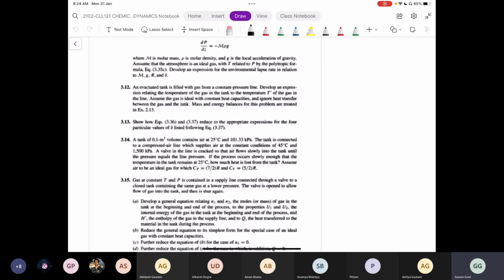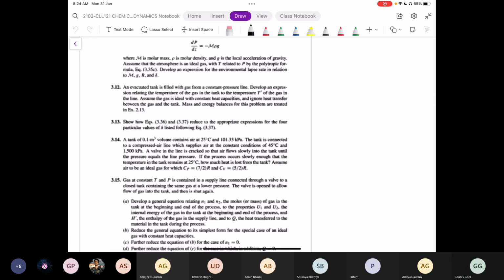So you have a tank and some conditions are given. It contains air at P and T, and the volume is also given, the total tank volume. It is connected to a compressed air line. That's a little bit poor drawing.